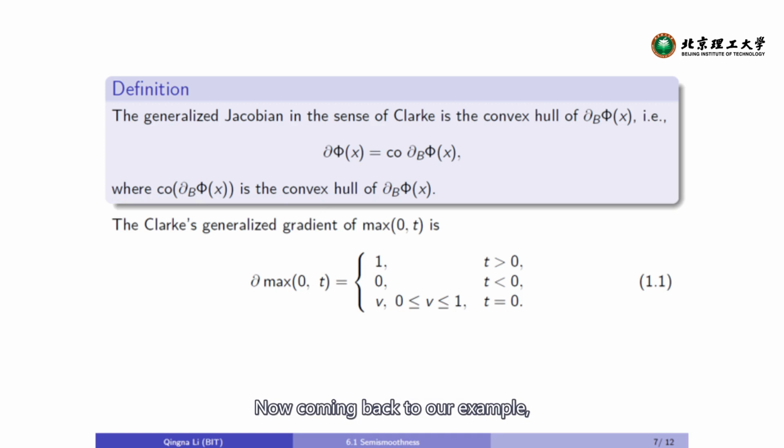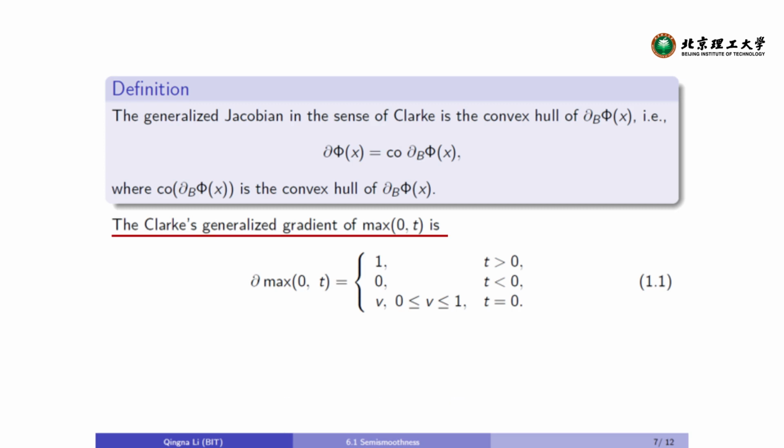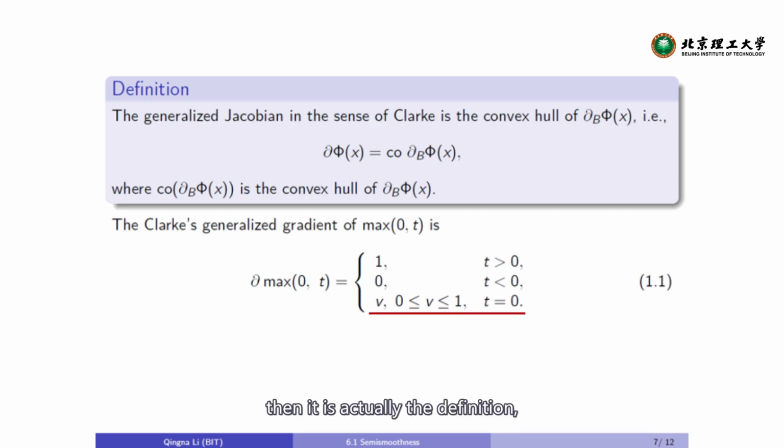Now, coming back to our example, the generalized gradient for the max function is given as follows. It depends on the choice of x. If x is 0, then by the definition we mentioned, it is the convex combination between 0 and 1. Therefore, it is a value v, where v is between 0 and 1. So it is a multi-valued function at this moment.